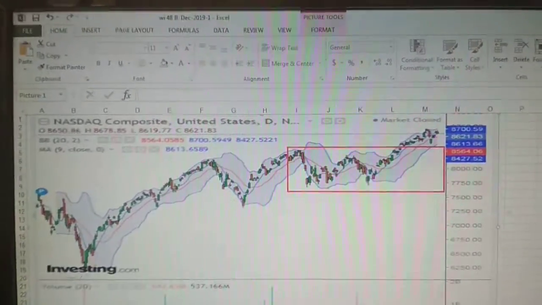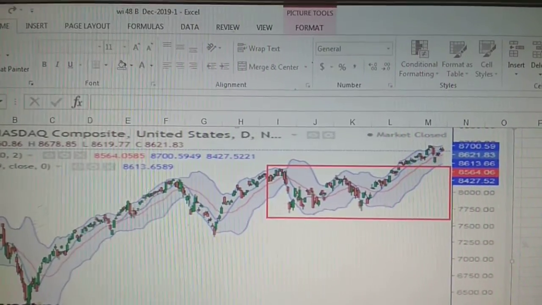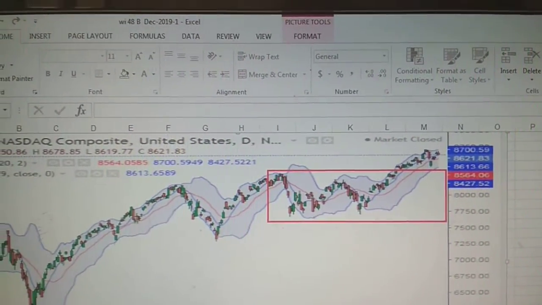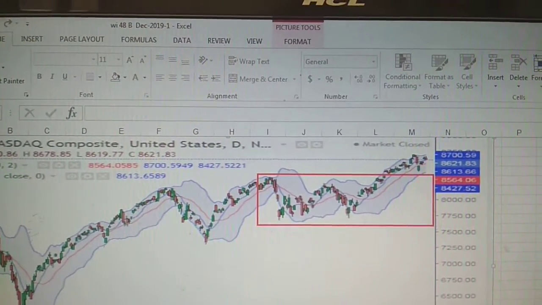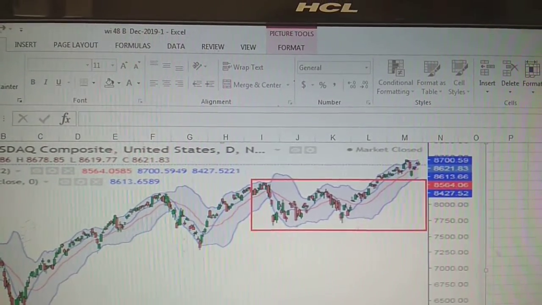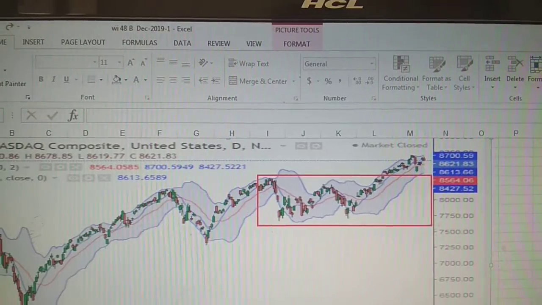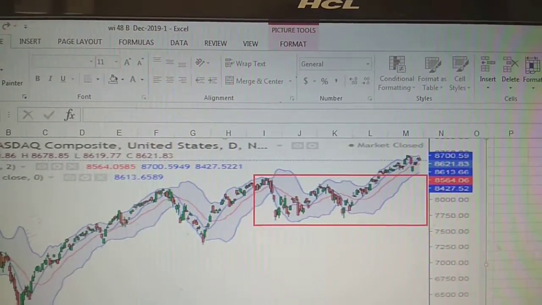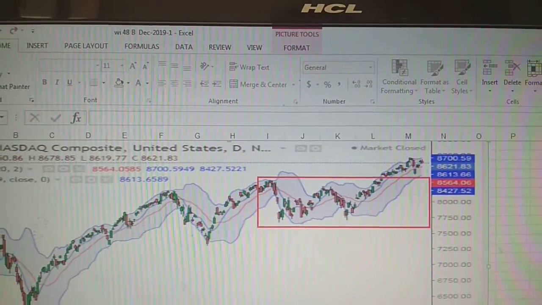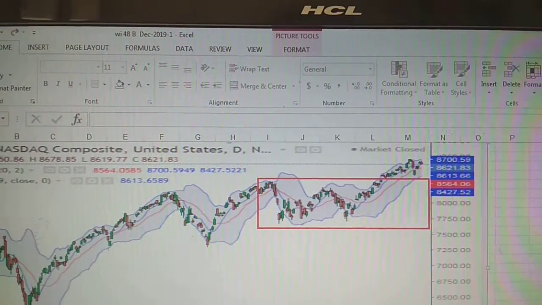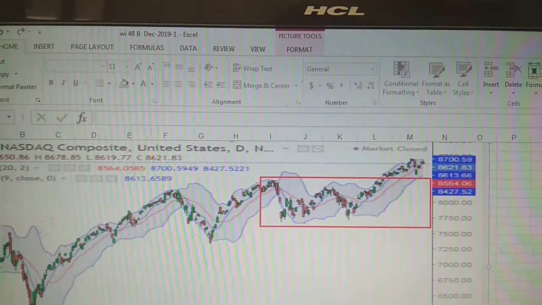So I create a rectangle for a movement of price. You can see 8564 is the level where the Nasdaq cuts its high level and goes above it. Now this was the strong support for Nasdaq.